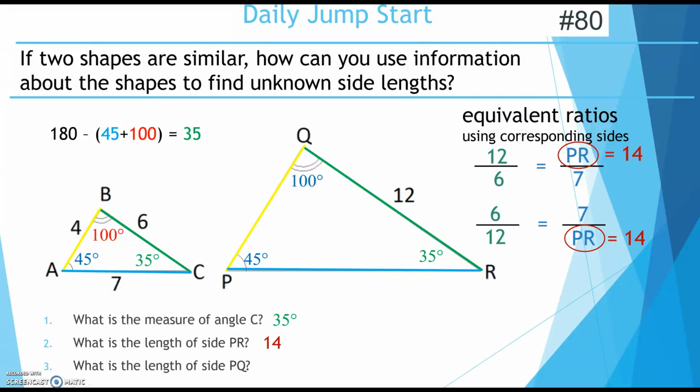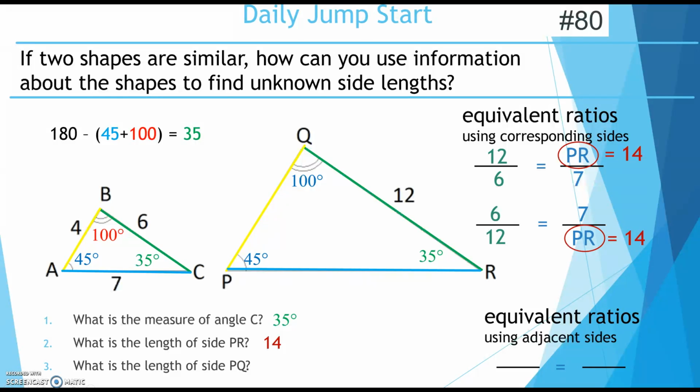A second way to figure out a missing side length is still using equivalent ratios, but this time using a ratio of adjacent sides. Remember, adjacent means next to. So first what we're going to do is look at the smaller triangle here, and we are going to try to find the missing corresponding side length in yellow.